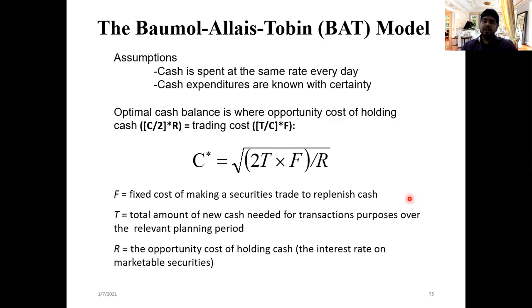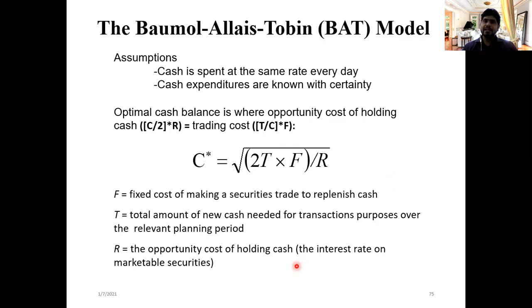The first one: the cash is spent at the same rate every day. For example, if you spend 50,000 every day, then tomorrow and the day after tomorrow, over the whole period, you will spend the same amount, 50,000, right? A constant rate of spending money.